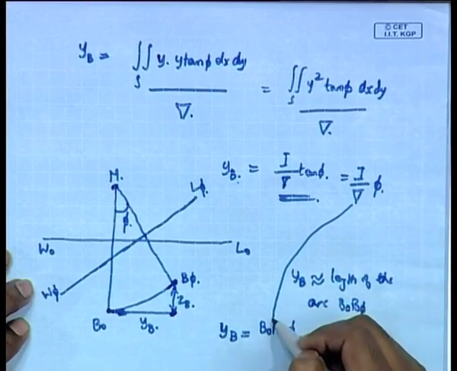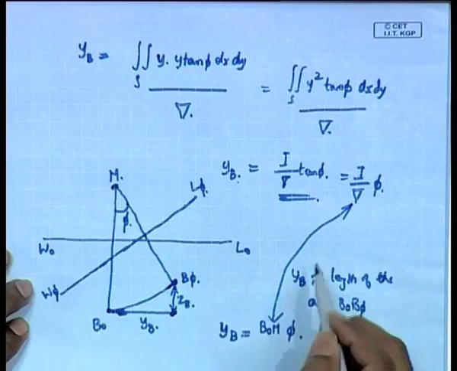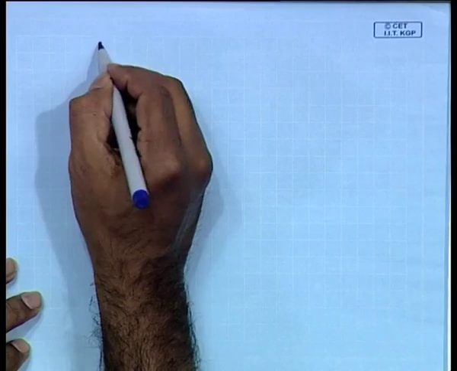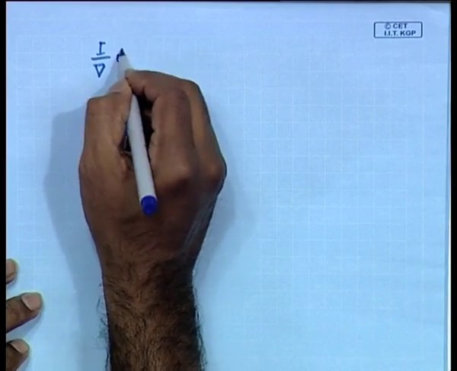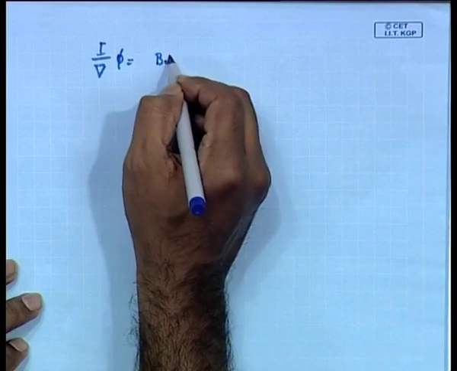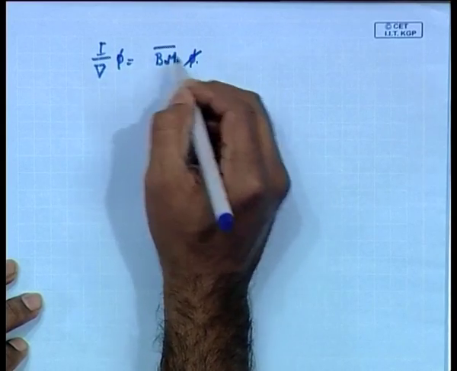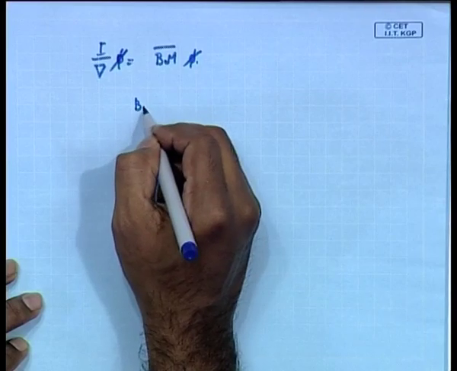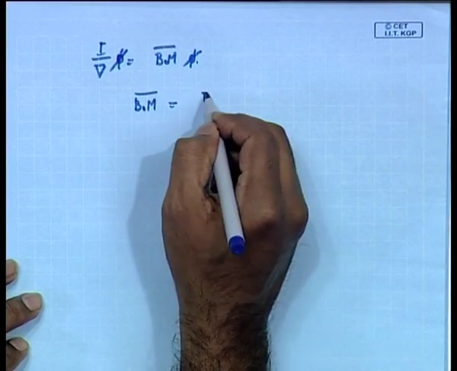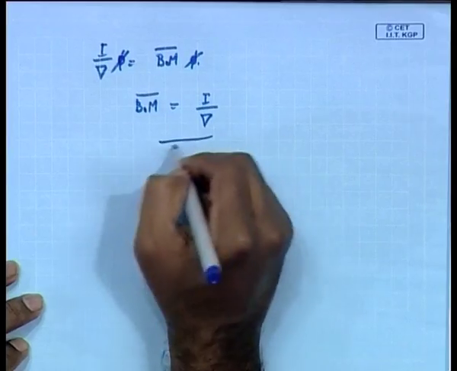So these two are the same, and therefore you get I by del phi equals B0 m phi. Cancelling out phi, you get B0 m equals I by del.